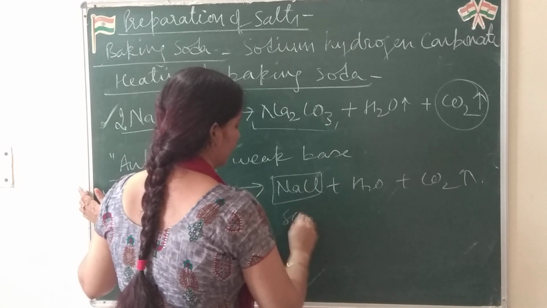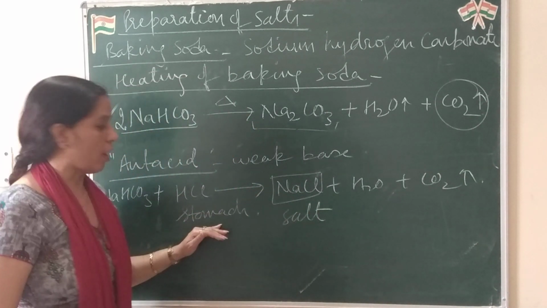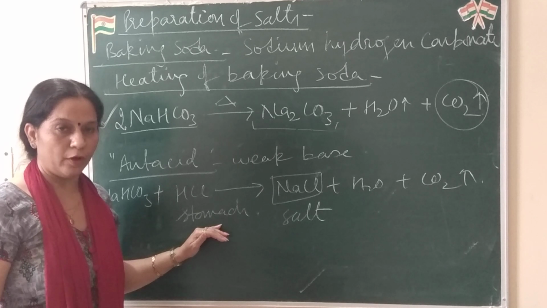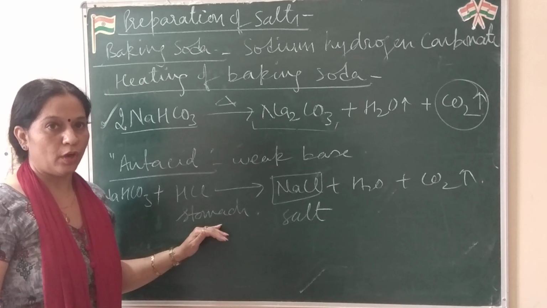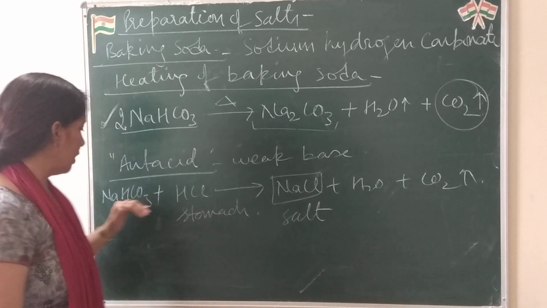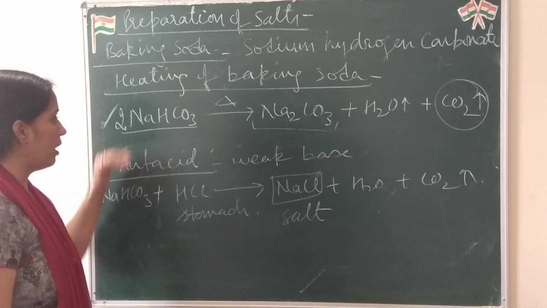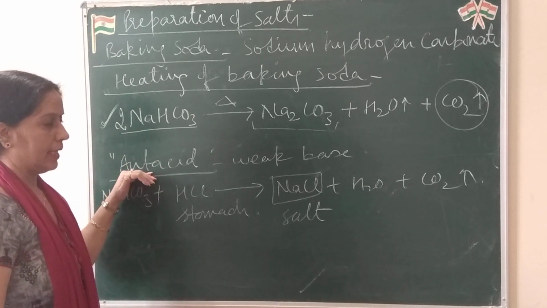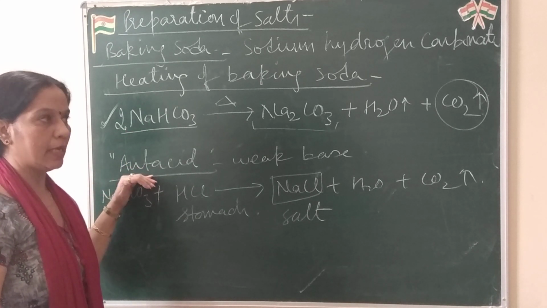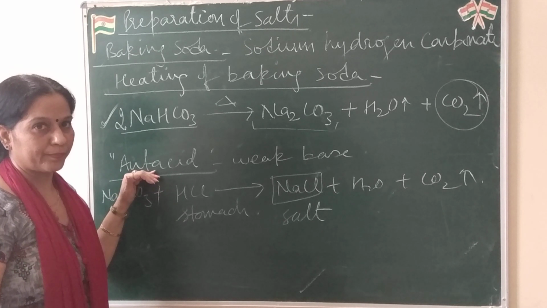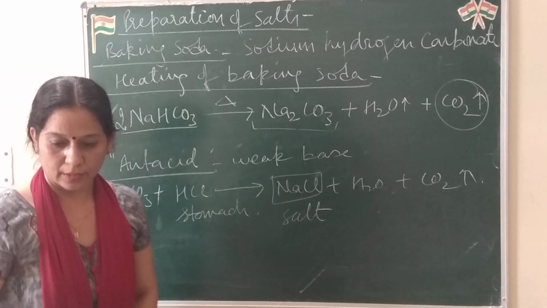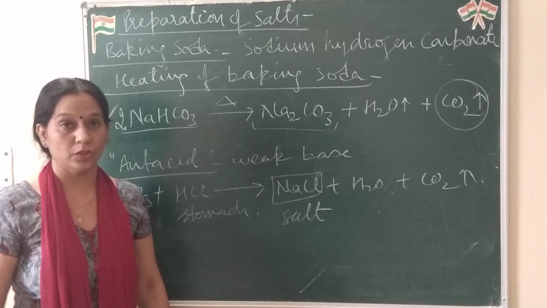Salt will form. As soon as salt forms in the stomach, you will get relief from the pain and irritation of acidity. That is one of the important uses of baking soda as an antacid. This is all about today's lecture, children.